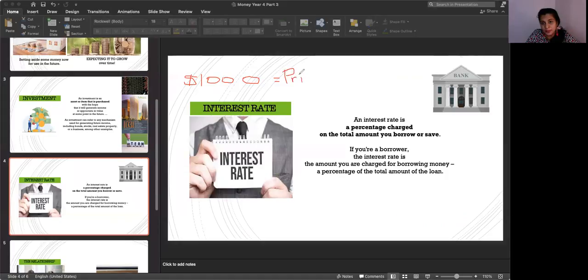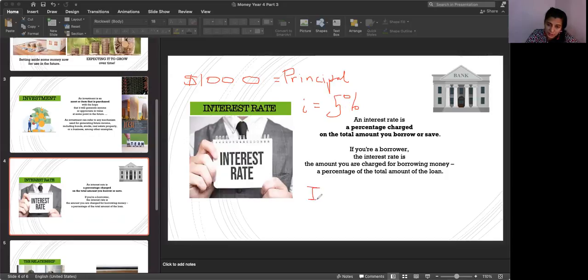It's called the principal, not your guru besar. It's the amount of money that you put in at the beginning. And the interest rate here is 5%, which is known as I, the interest rate that the bank gives you to keep your money for 1 year.